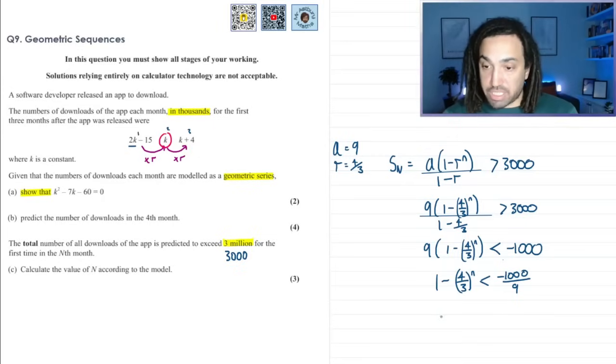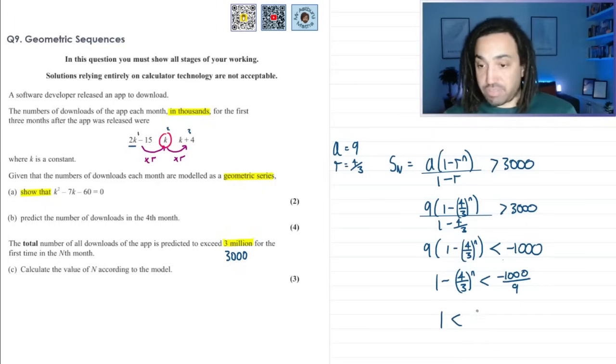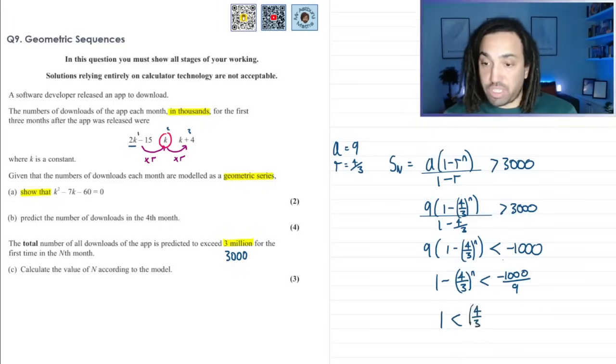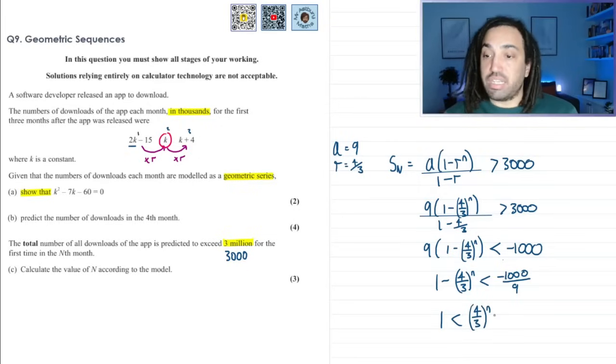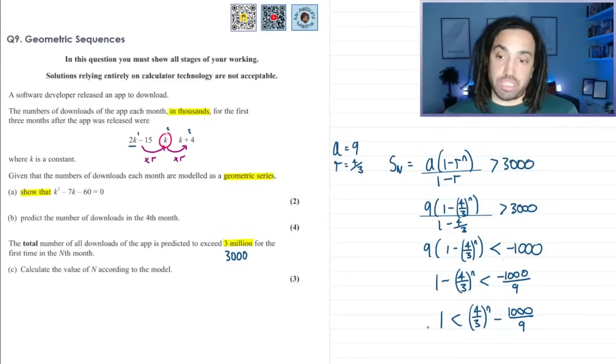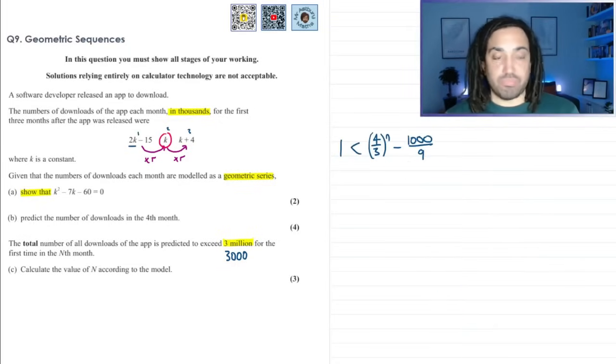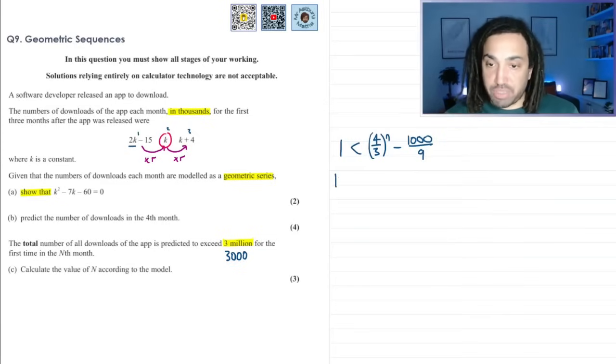So I'm going to say 1 is less than, I'm going to add this term to the other side, which is 4/3 to the n, and then we've still got the minus 1,000 over 9, and then I'm going to add the 1,000 over 9 to 1, which will give us 1,009 over 9 is less than 4/3 to the n.